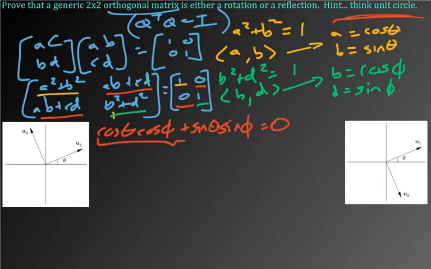But this thing is a famous trig identity, the difference identity for cosine. So that's the same thing as cosine of theta minus phi equaling 0.